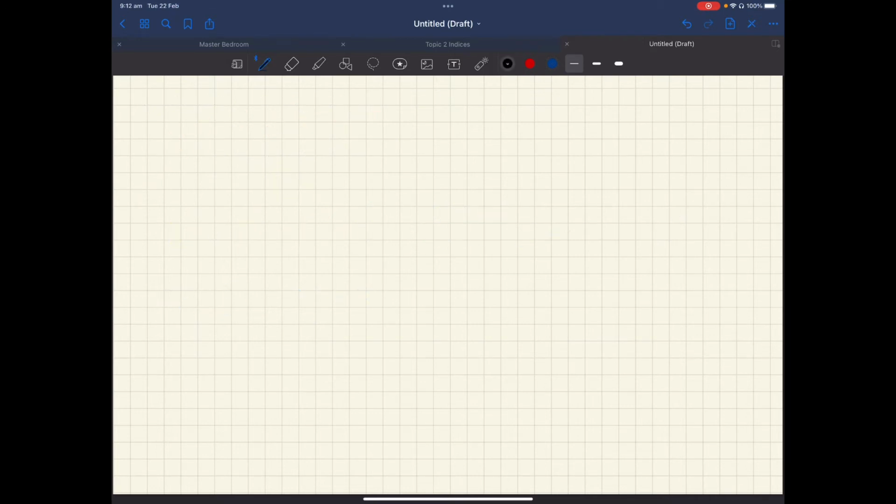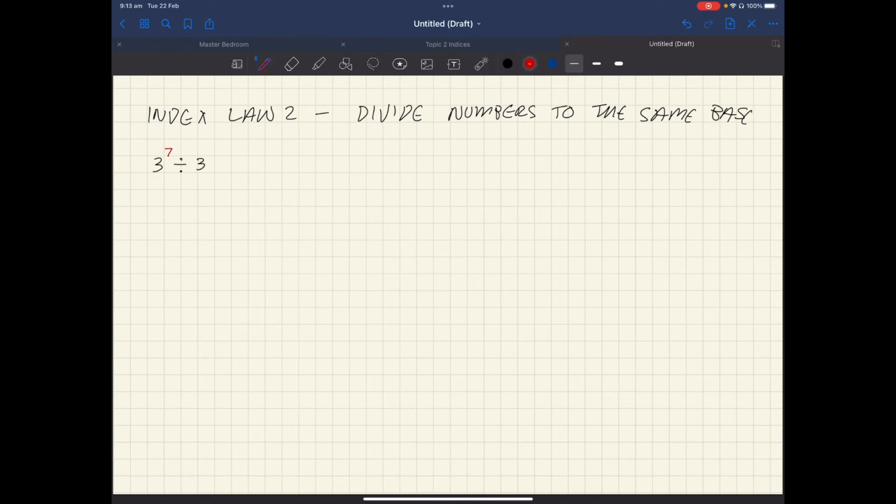Now we're going to consider index law 2. This is when we divide numbers to the same base. We will do this in exactly the same way. So I've got 3 to the power of 7 divided by 3 to the power of 4.